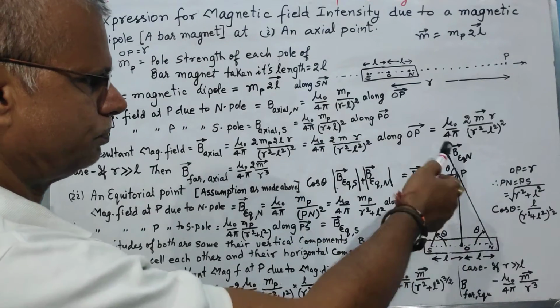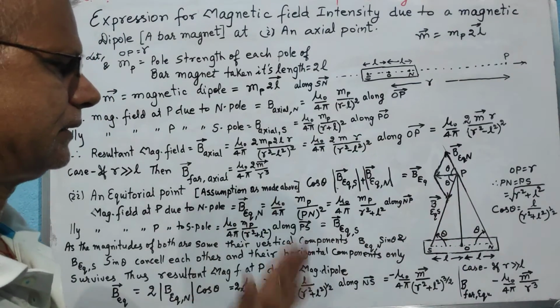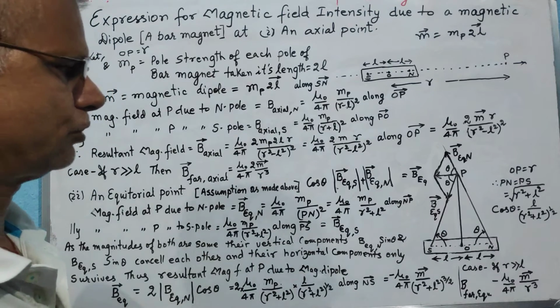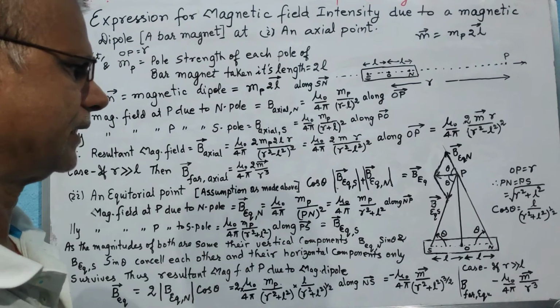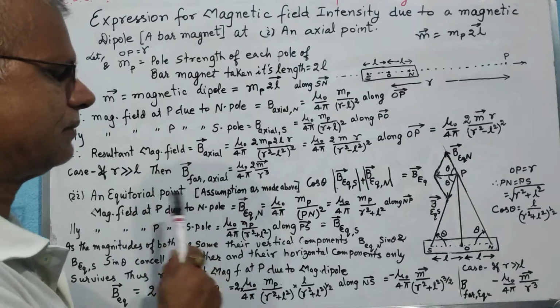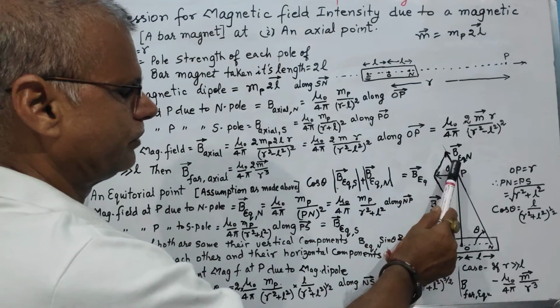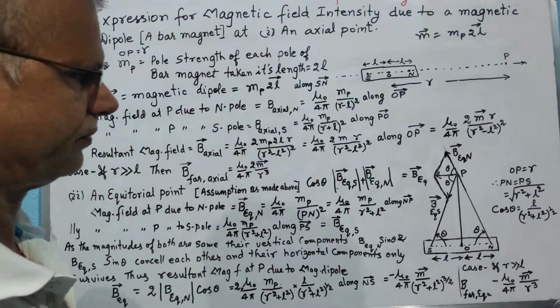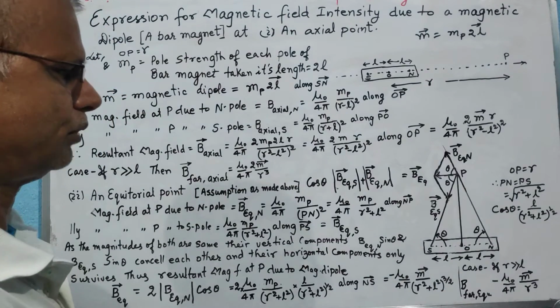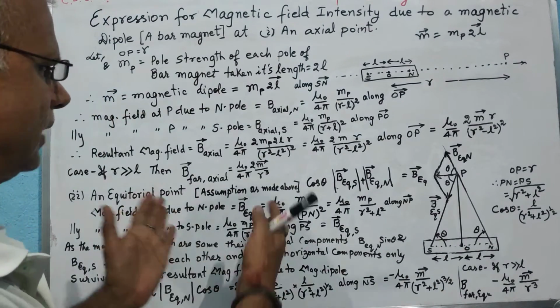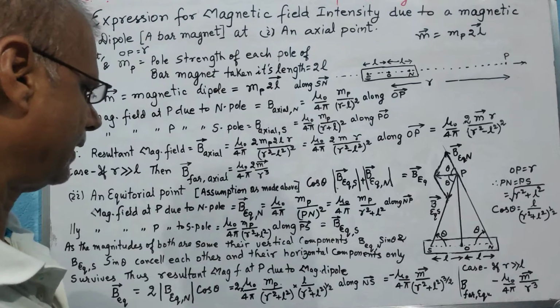Here this line OP is the equatorial line, at 90 degrees to the axis and passing through the center of the axis. Then we have to find the magnetic field intensity at point P, which is lying on the equator of the magnetic dipole moment. The assumptions are the same as we have made earlier.